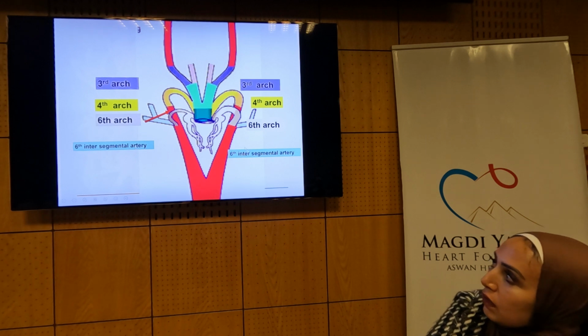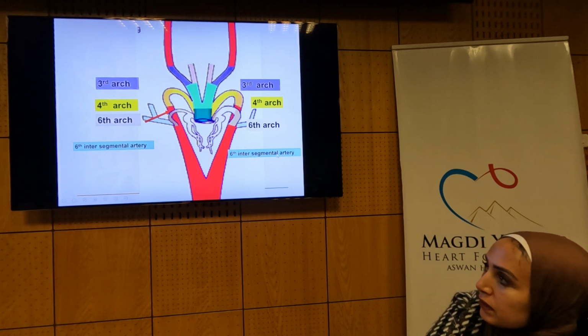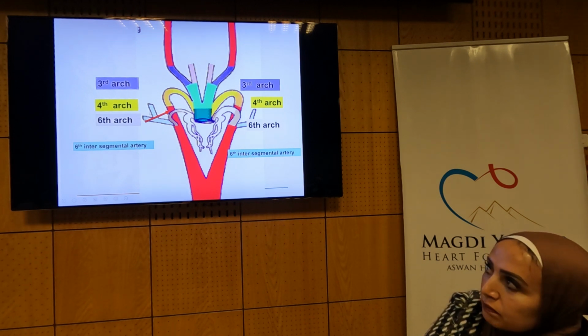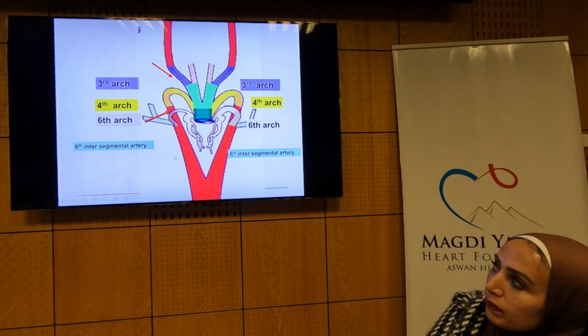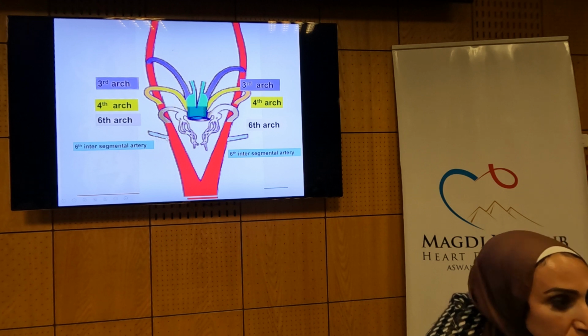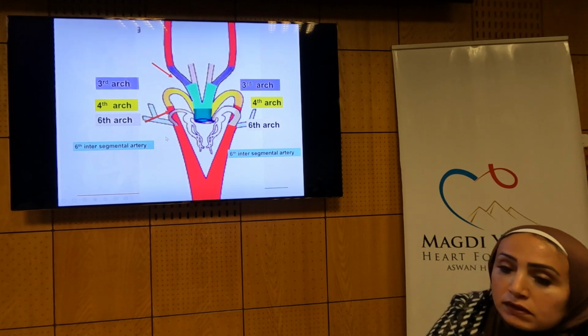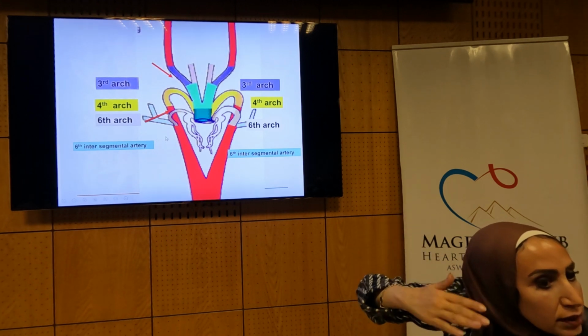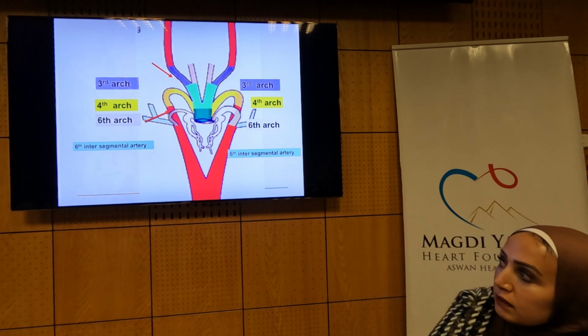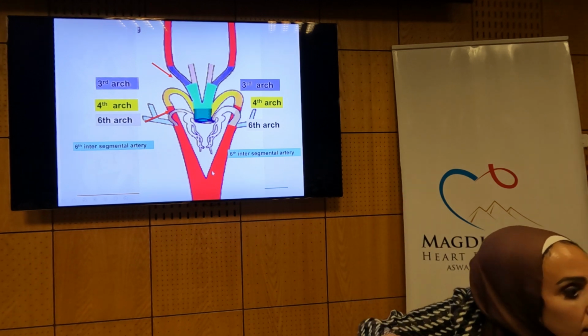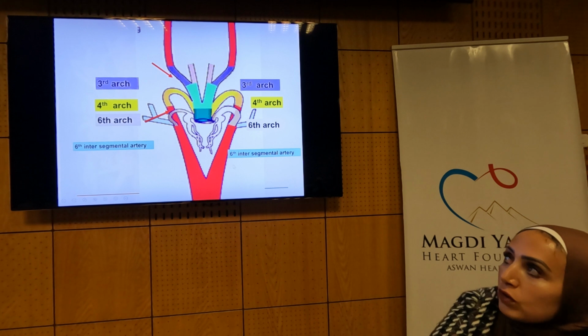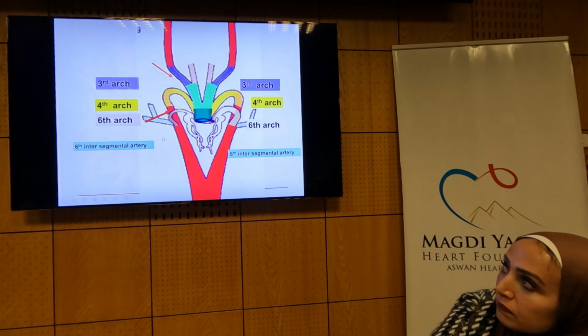And look here, I kept the sixth intersegmental artery at the same place, but where is the artery? If you look back, the artery was here, and it crept cranially, it moved up. What will happen after that?